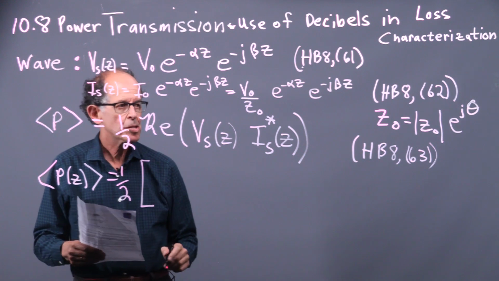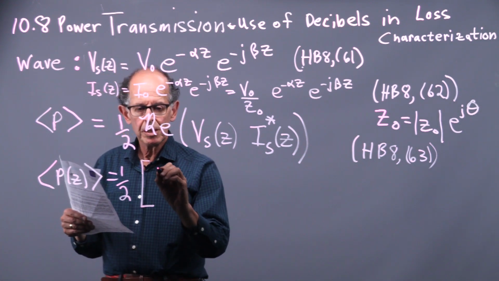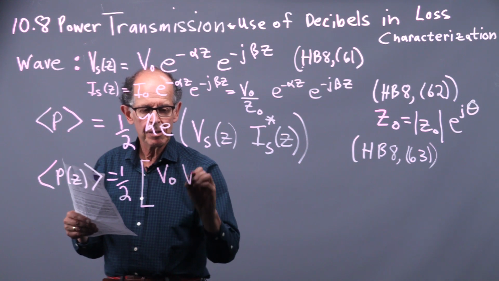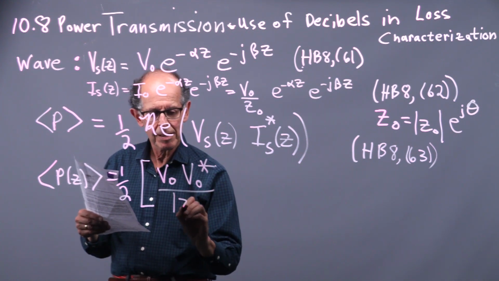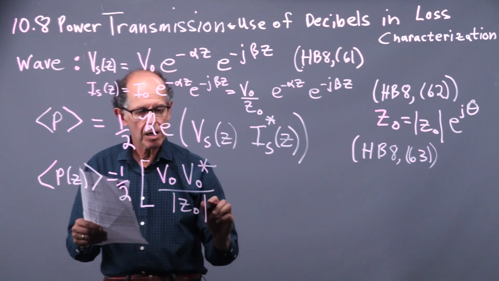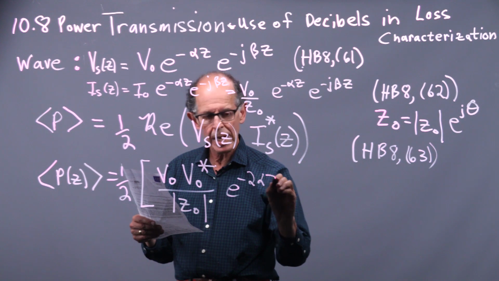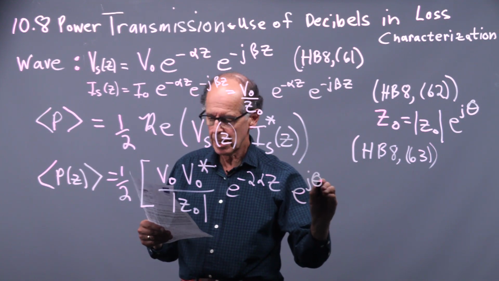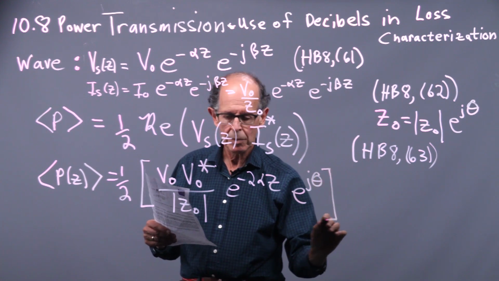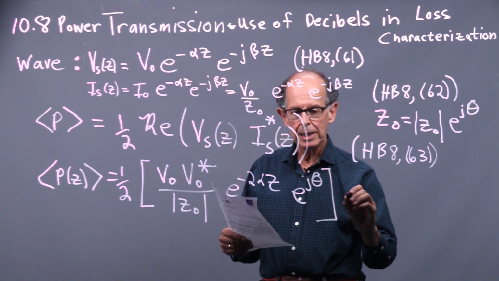Just going to go to the second half of equation 64. It's going to be, you can check it out, V0 star divided by magnitude of Z0 e to the minus 2 alpha z times e to the j theta. So that's equal to what?